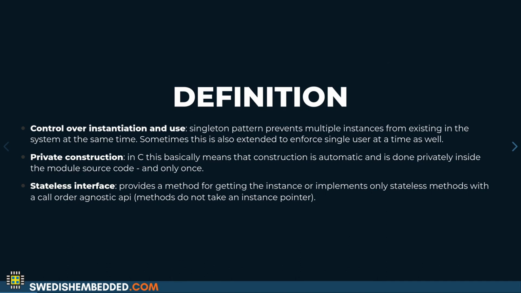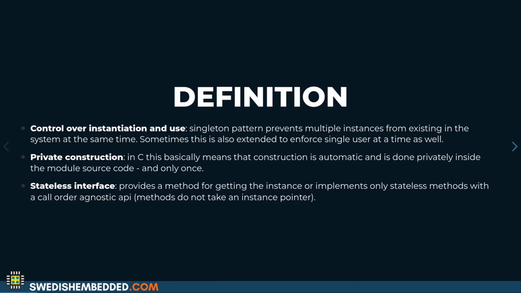And singletons also often have a stateless interface, and this means that the order of the functions that are being called should not matter. And this is an important feature of the pattern, because if you implement an API where the order of the functions matters, you can very easily get into race conditions between different places in the application that try to use the same global APIs in random and potentially unpredictable ways.